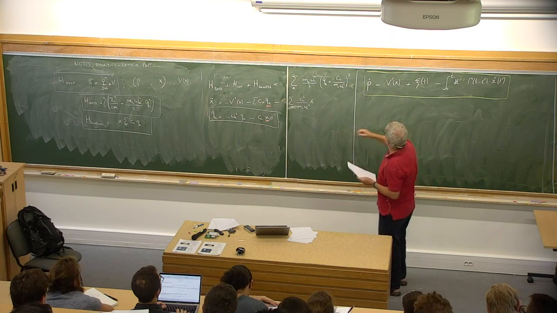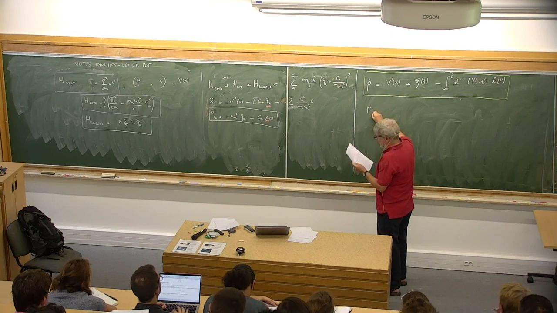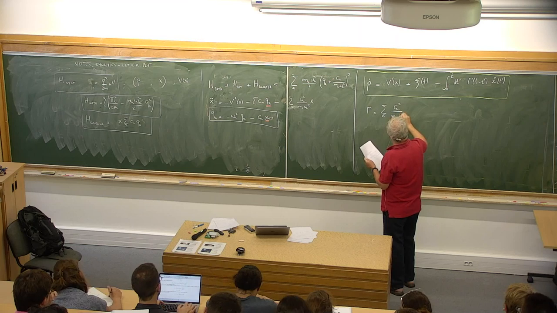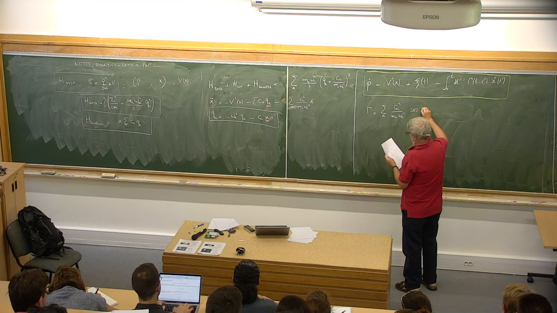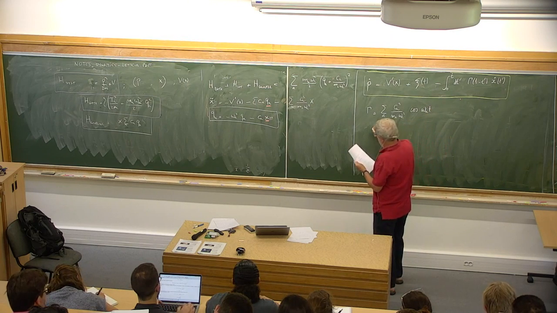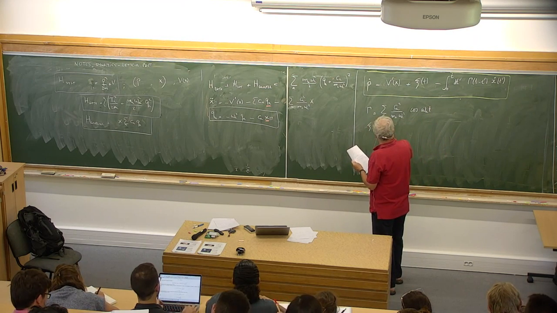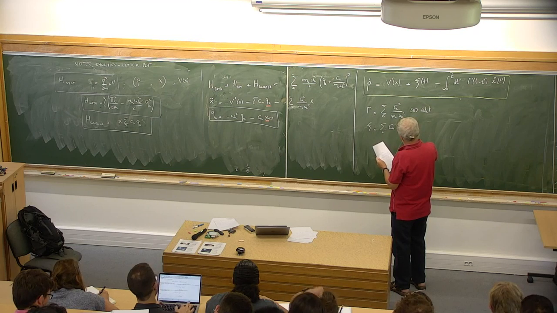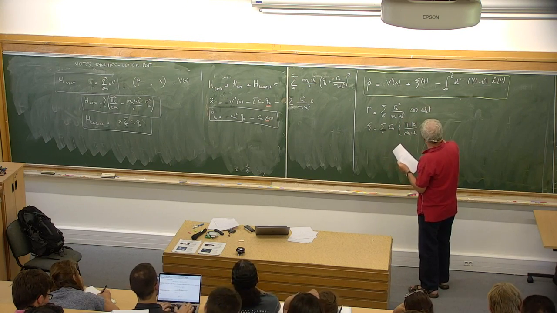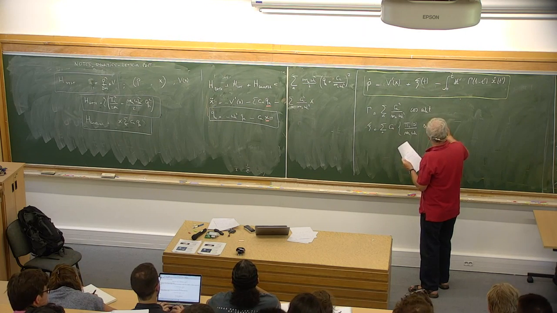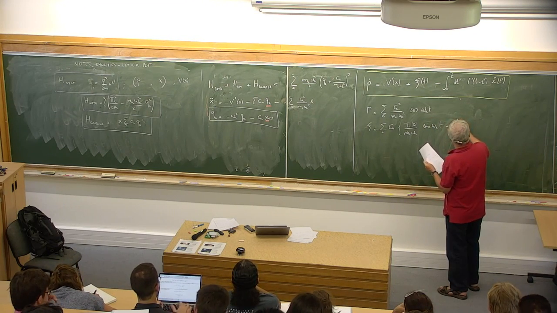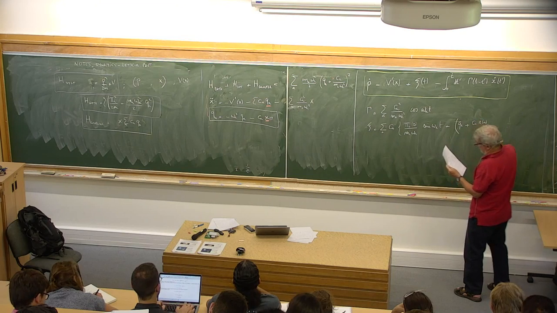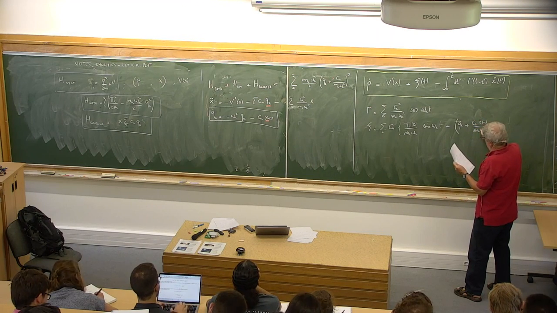Okay, so if you solve these equations for q, you will get this equation, but with gamma. This is a place where the counter term turns out to be useful. So yes, you're right, there was an x here.